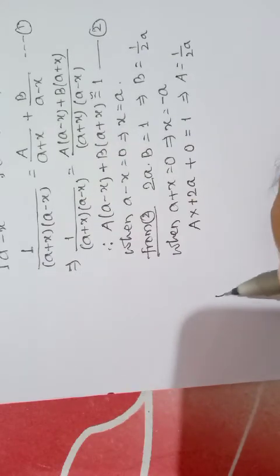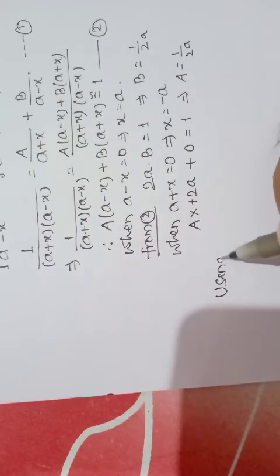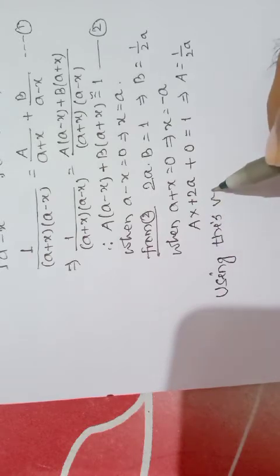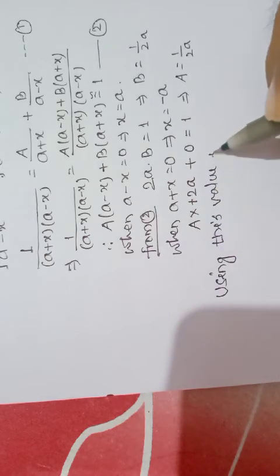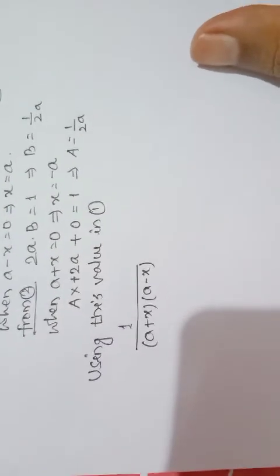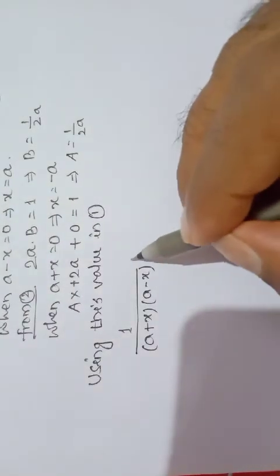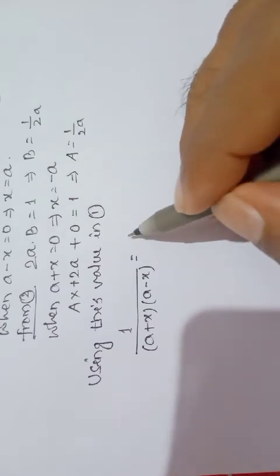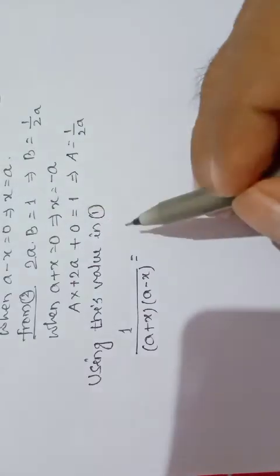Using this value in 1, then 1 upon a plus x into a minus x should be written as A upon a plus x, that is 1 upon 2a.